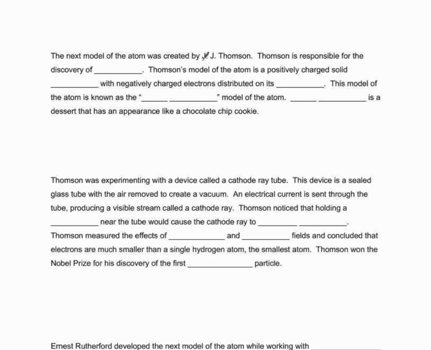Next model of the atom was created by J.J. Thomson. Thomson is responsible for the discovery of electrons. So in his model of the atom, we have a positively charged solid sphere, and we have negatively charged electrons that are just distributed around the surface.